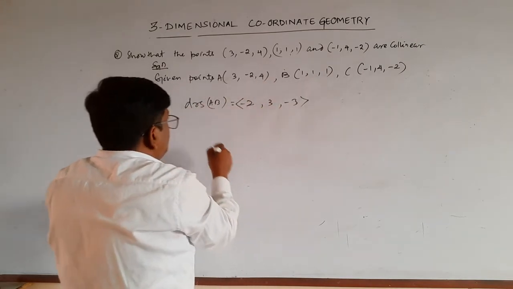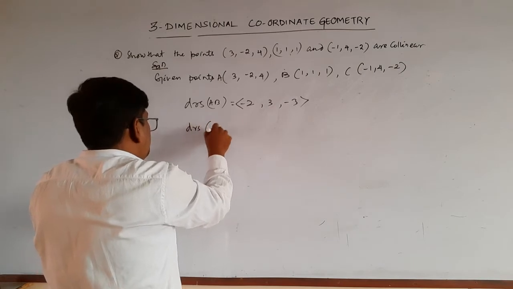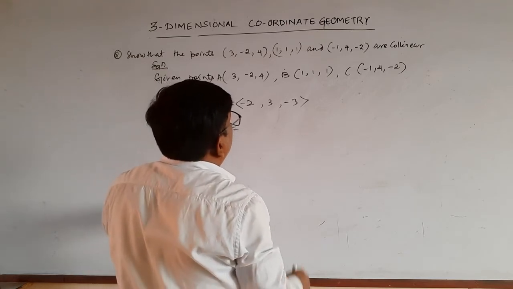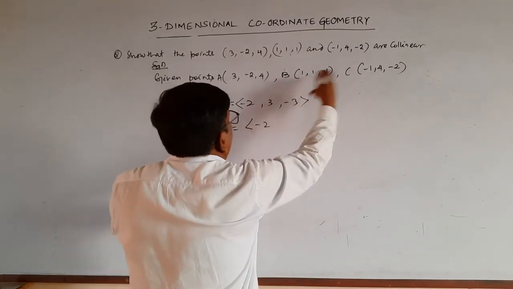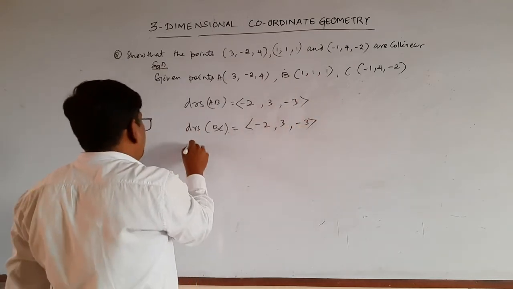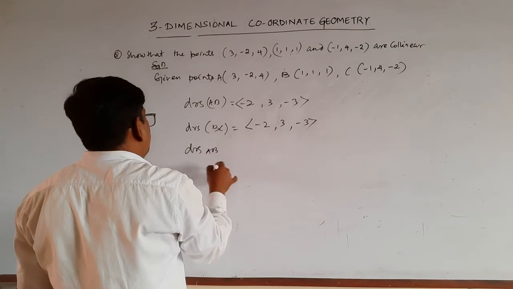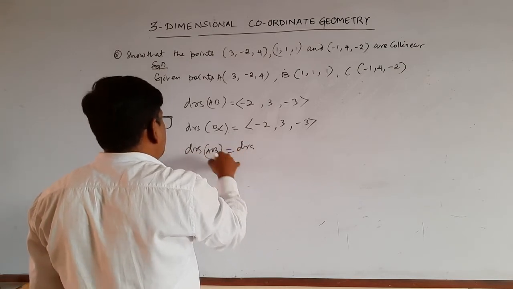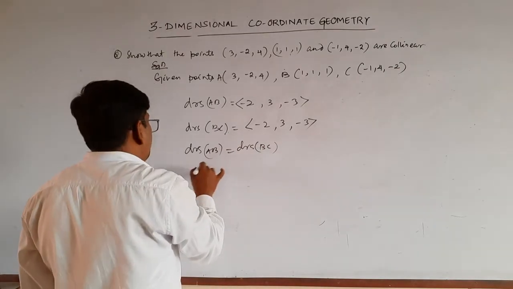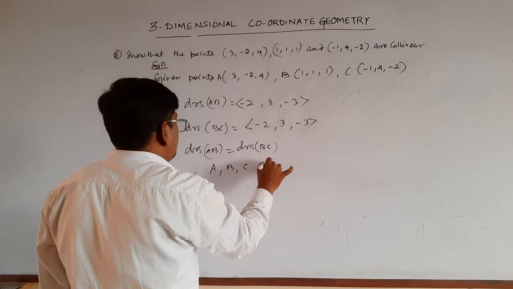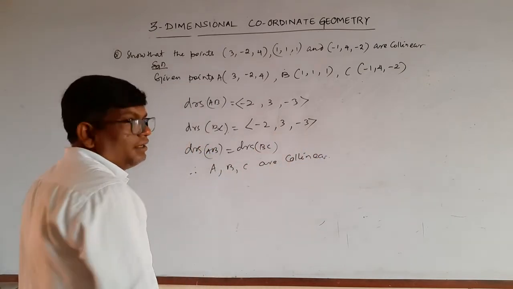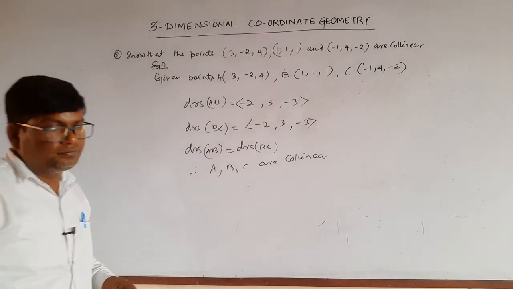Now DRs of BC is equal to minus 1 minus 1, minus 2, 4 minus 1, 3, minus 2 minus 1, minus 3. So DRs of AB is equal to DRs of BC, so it is proportional. Therefore A, B, C are collinear. Equal means proportional.